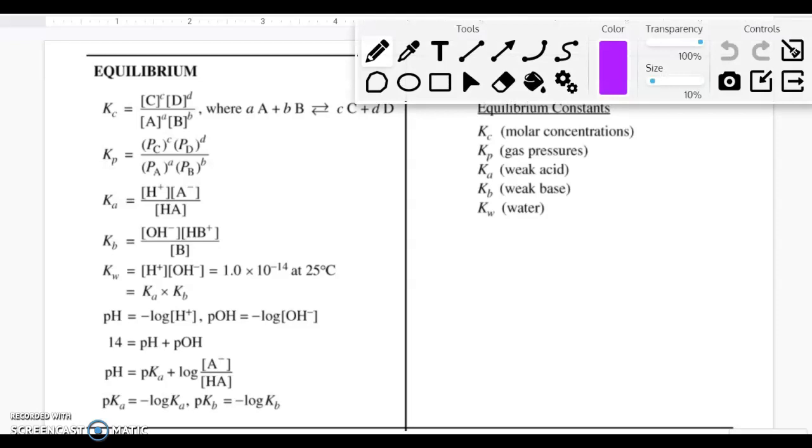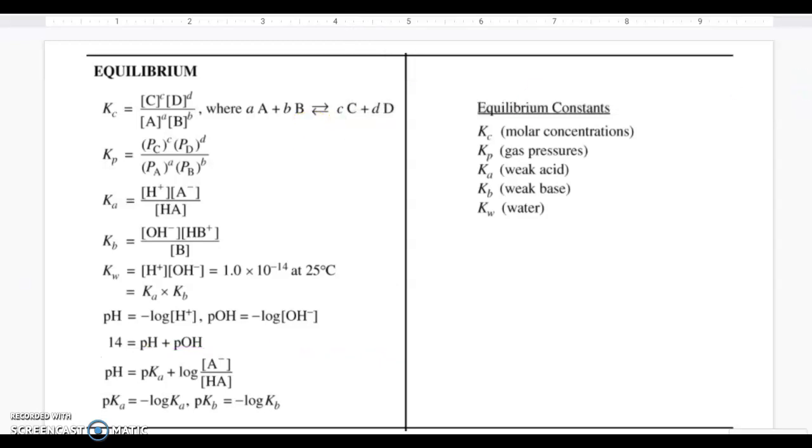Like when we say pH and pOH equals 14, it works the same way with pKa and pKb. Those two things will add up to 14. So pKa plus pKb. That's cool. And so I'm going to use that in order to solve this out.